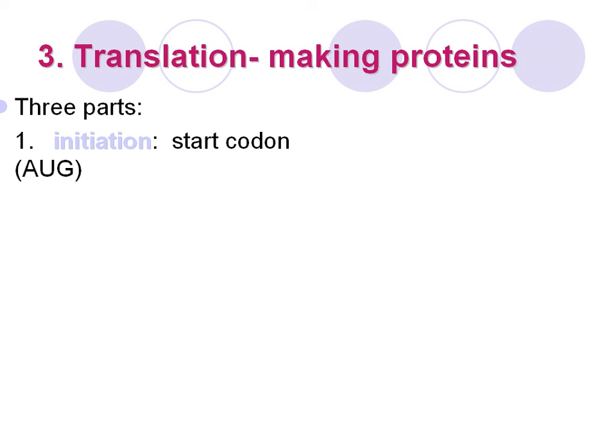And remember, the start codon is going to be somewhere near that P site that you saw on the ribosome. Remember, there was a P site, there's an A site, and the A site is generally where elongation will begin.